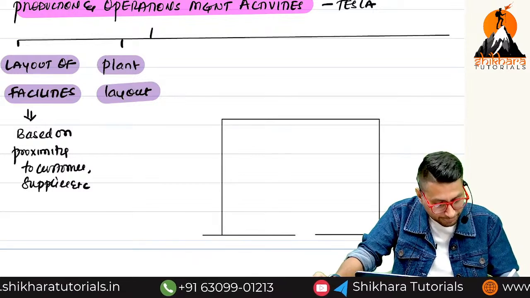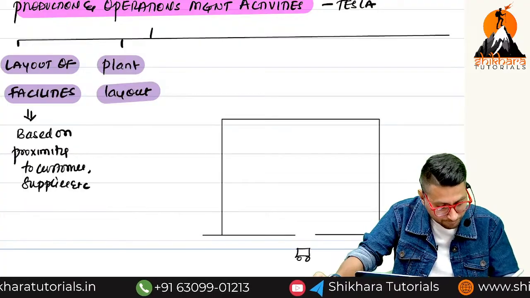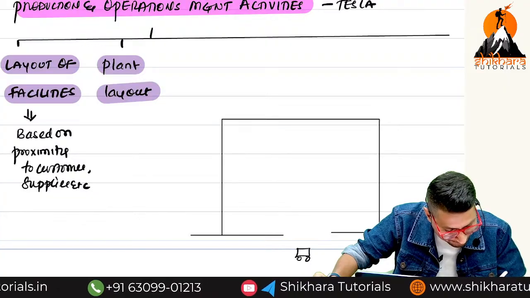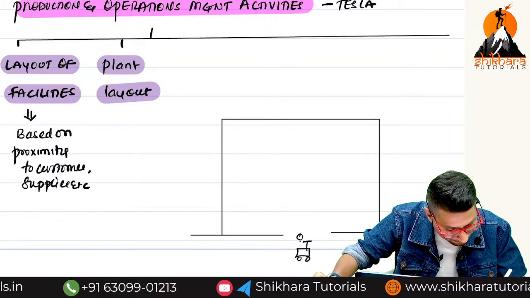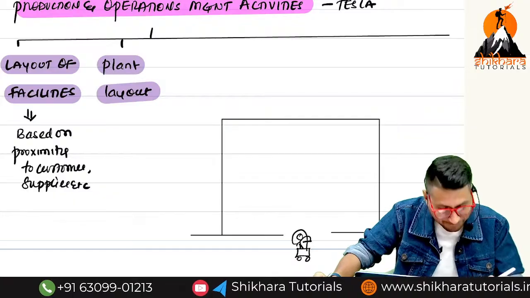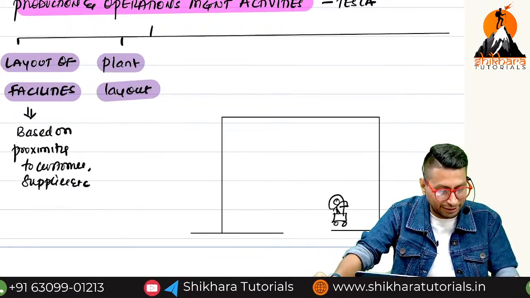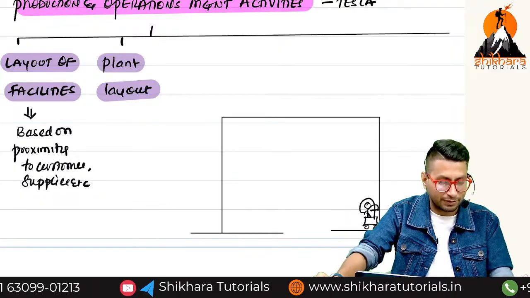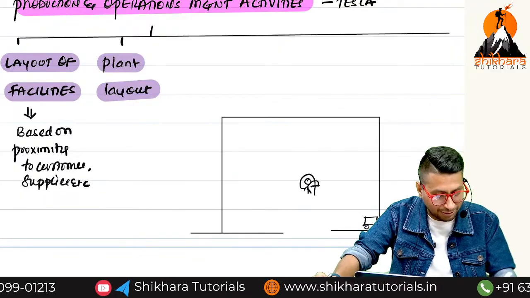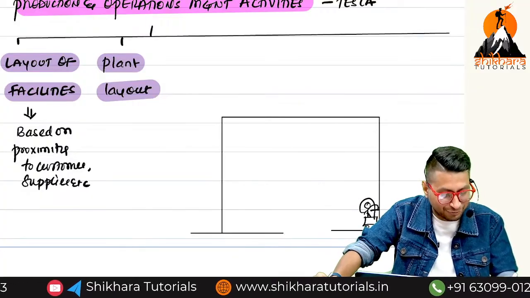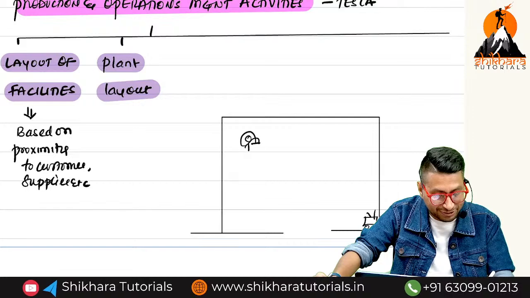Just as you enter, let us say this is the scooty. We will make the entrance a little bigger. So this fellow drives the scooty and keeps the vehicle here. Clear? And this fellow goes and sits here.